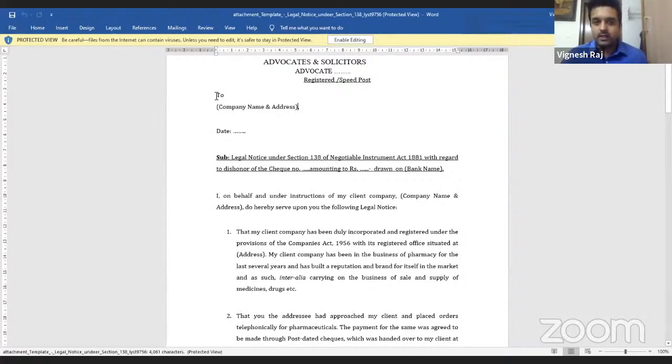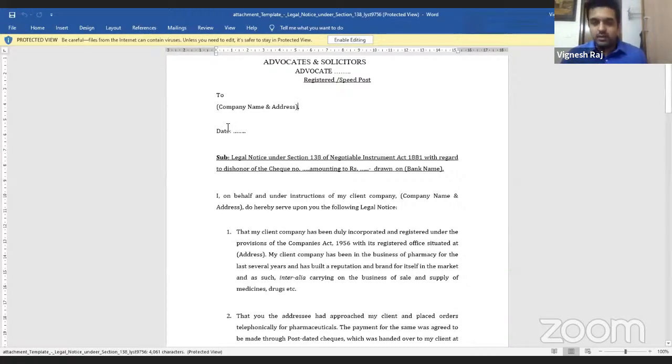If there is more than one party, you'll write 1, 2, 3, and so on, and show all the parties who should be served this legal notice. The legal notice will generally be just one, but depending on the number of parties, you may have to duplicate it and serve it on all of them, either separately or jointly, depending on their addresses.